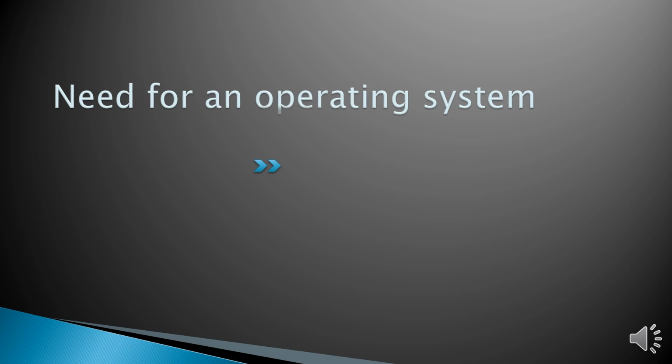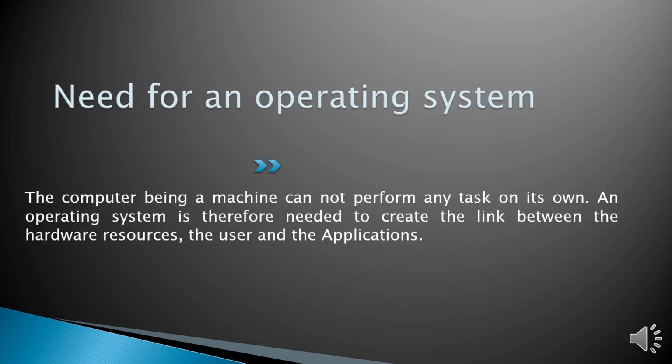Next topic is the need for an operating system. The computer, being a machine, cannot perform any task on its own. An operating system is therefore needed to create a link between the hardware resources and the user and the applications. So this is the need of an operating system.